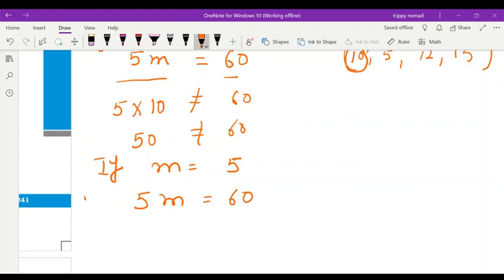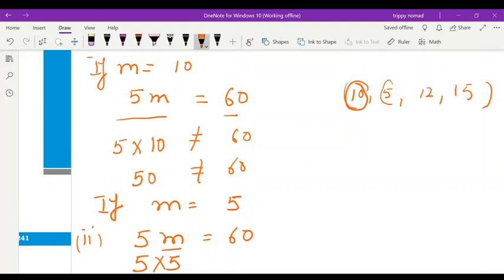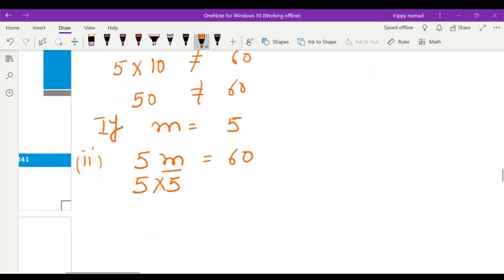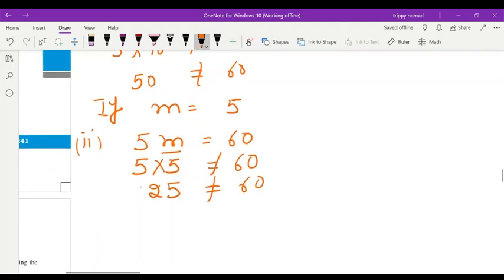Put the value of m from the second one in the given bracket. Then it will become 5 fives are 25. So this is not equal to 60. So that is also not satisfactory.